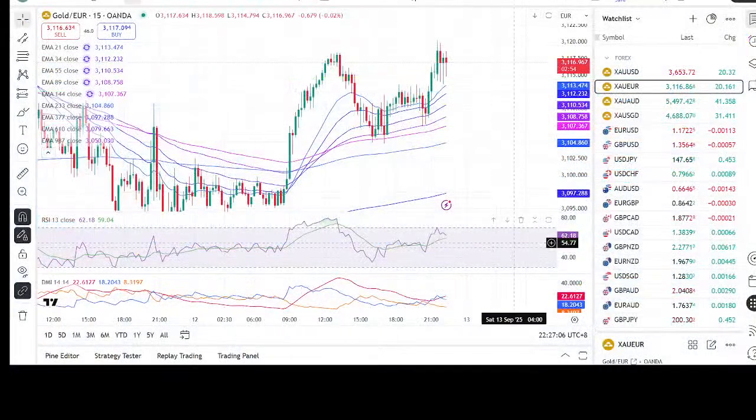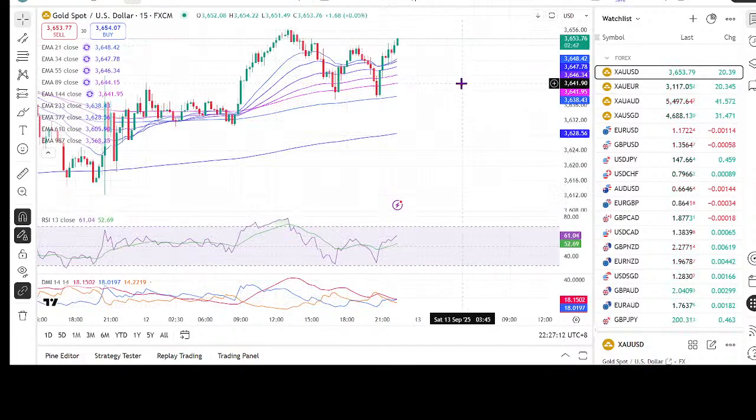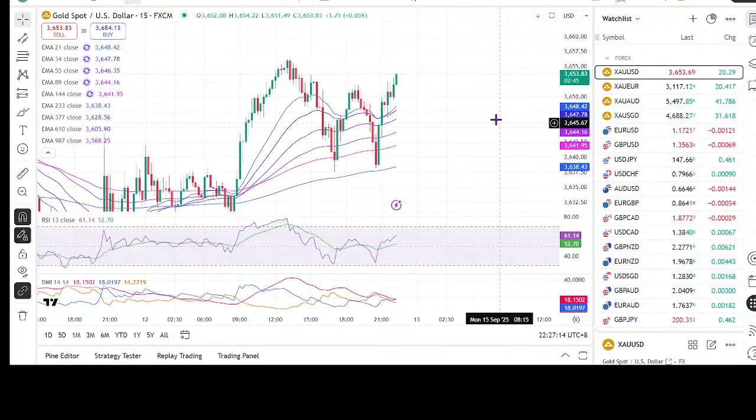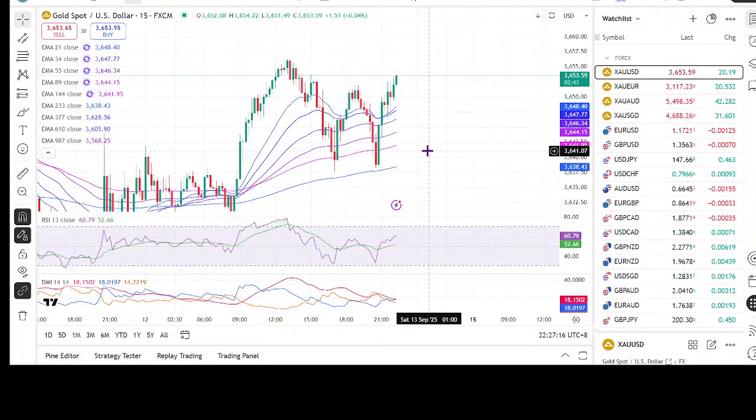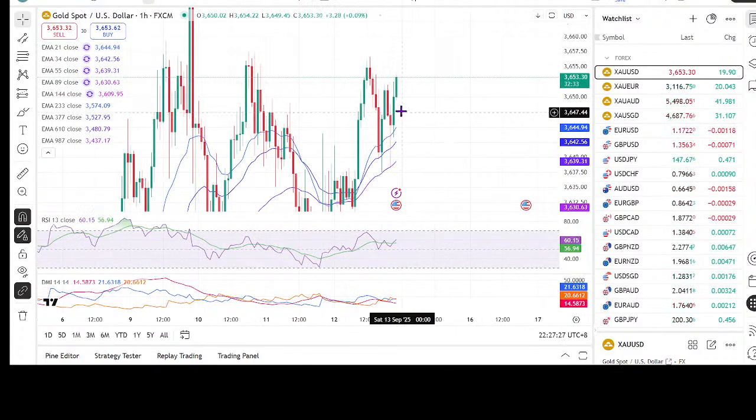Okay, so as of now, the market is very quiet. There's nothing we can do. For the last 1 hour, we only have about a $4 move.